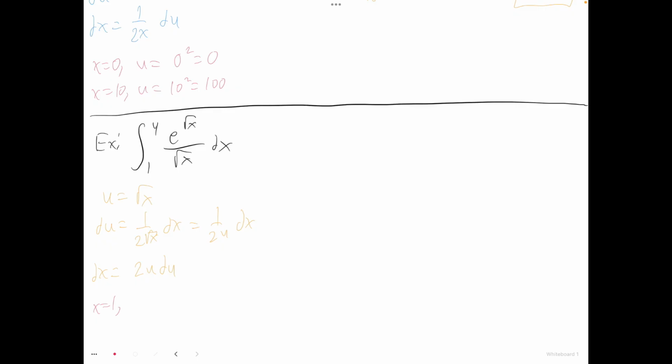Now when x equals 1, u is equal to the square root of 1, which is 1. And when x equals 4, u is the square root of 4, which is 2. So this now becomes the integral from 1 to 2 of e to the square root, which is u. The square root of x becomes u, the square root of x in the bottom also becomes u, and then dx is 2u du. Notice all the u's cancel, and we're left with the integral from 1 to 2 of 2 e to the u du.